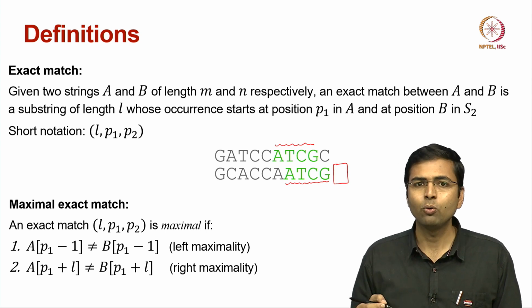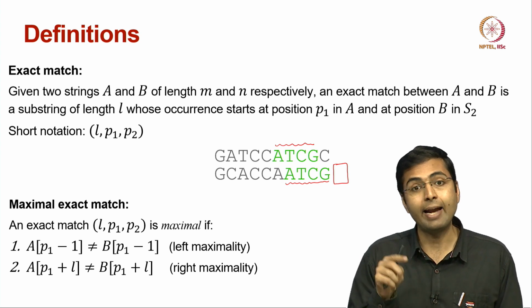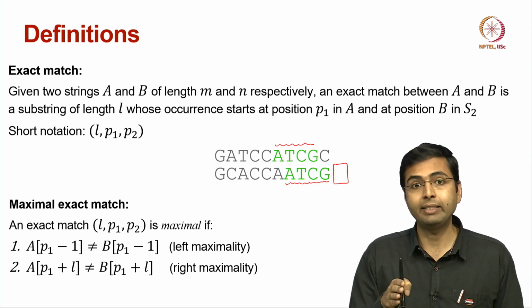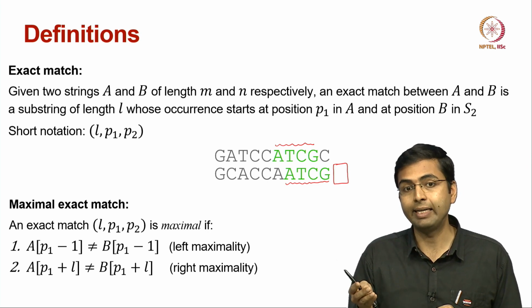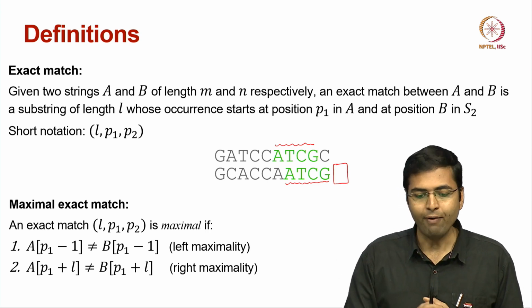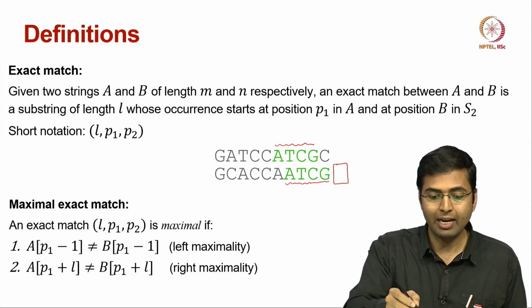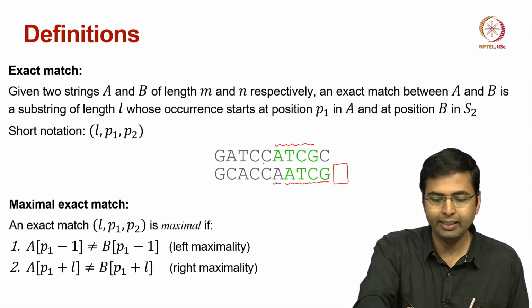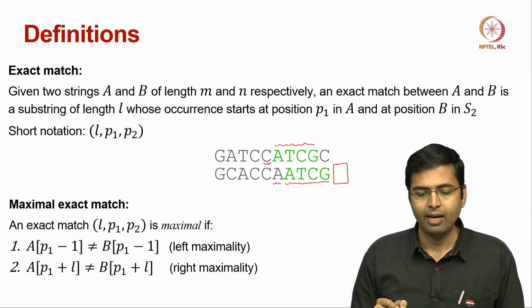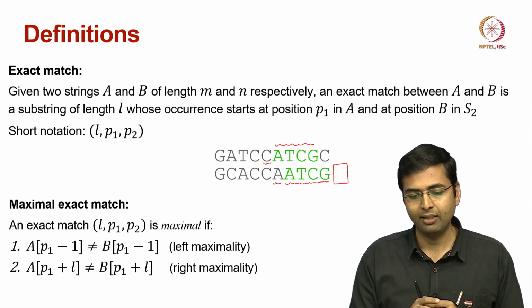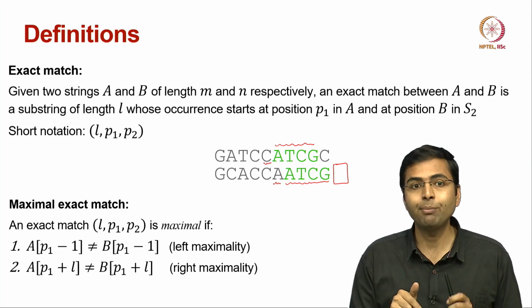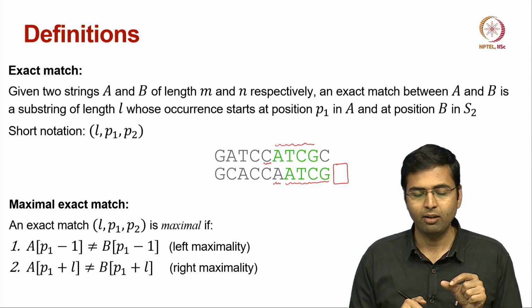In this case also we can say that this match is right maximal, because we cannot extend it further by one letter on the right side. In fact, we also cannot extend this on the left side, because A and C are mismatching. As a result, ATCG is a maximal exact match in this example.